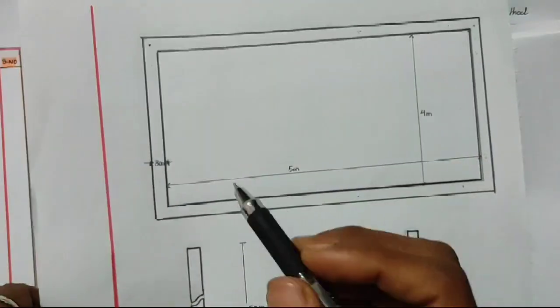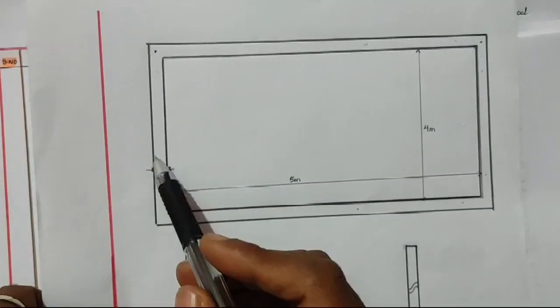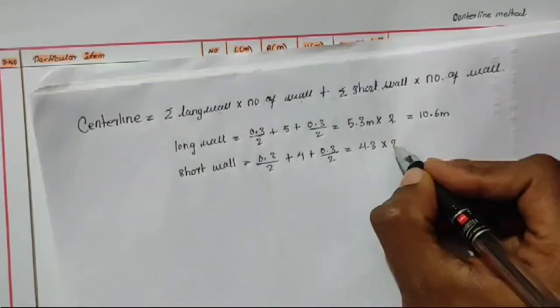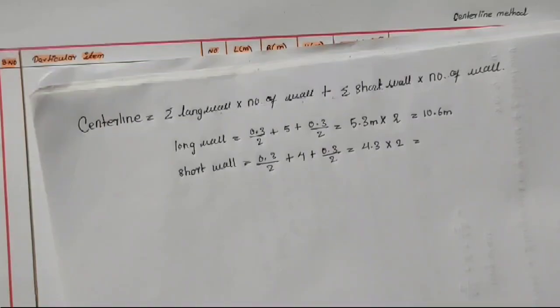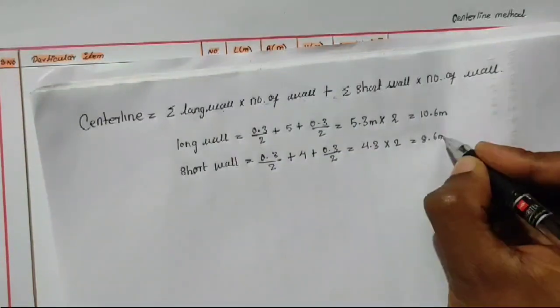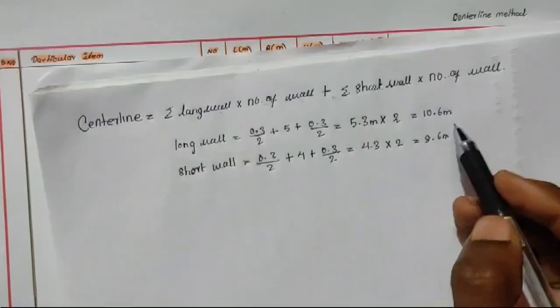Here you can see in the plan the short walls are 1 and 2, so number of short walls is 2. So 4.3 into 2, 8.6 meter.